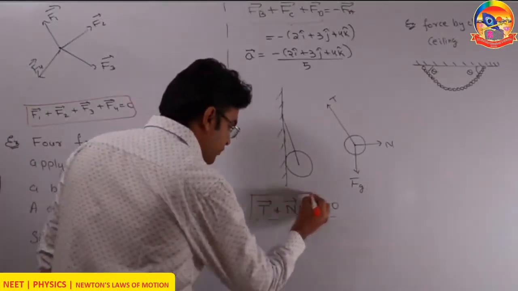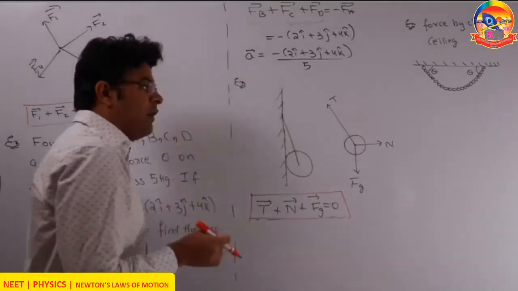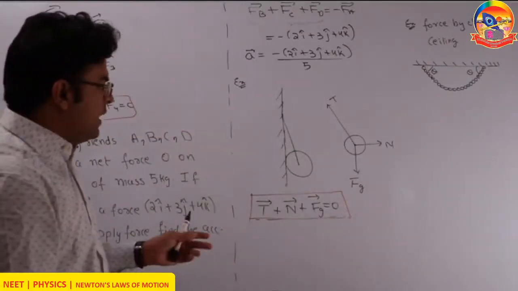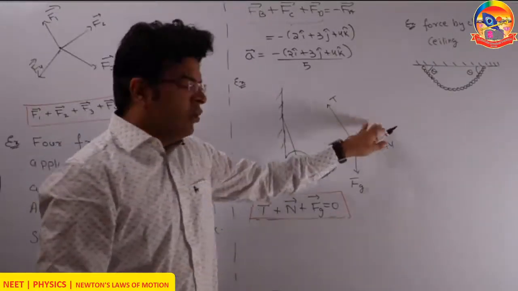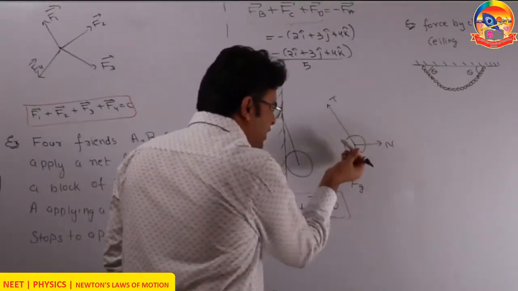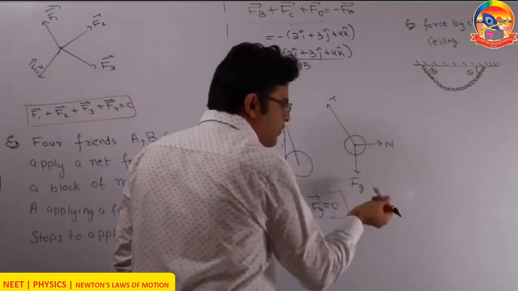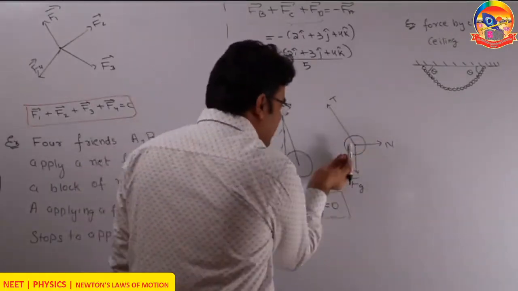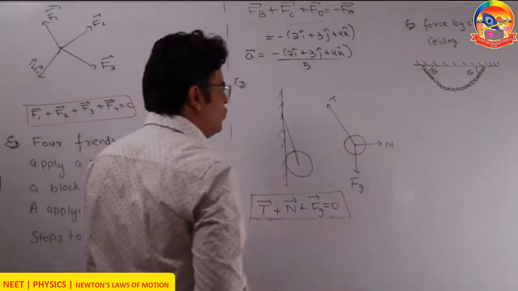This is one way. Another way, if you want to compare their magnitudes, then what to do? Notice that the resultant of normal and gravity has to be equal and opposite to that of tension.